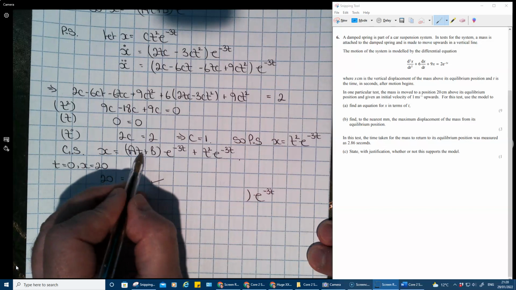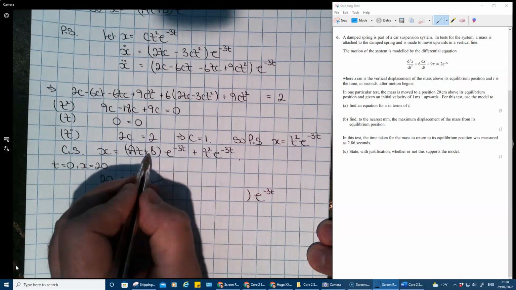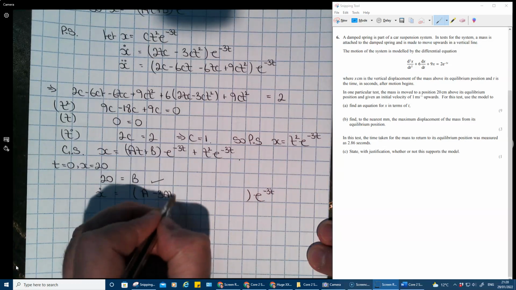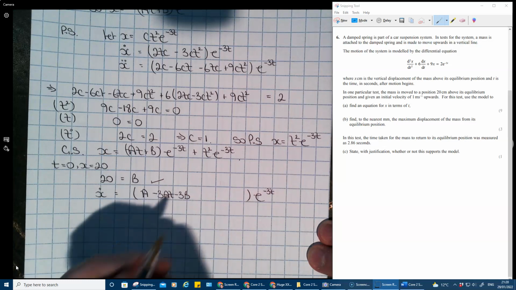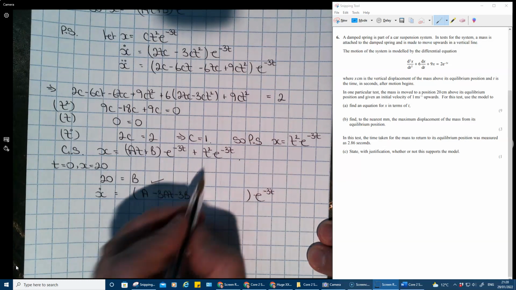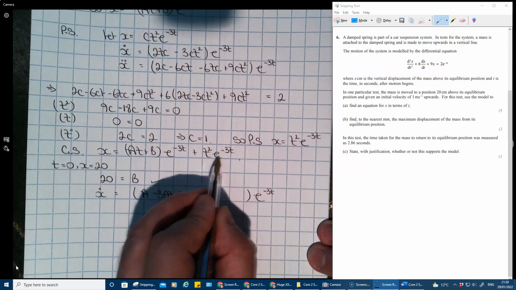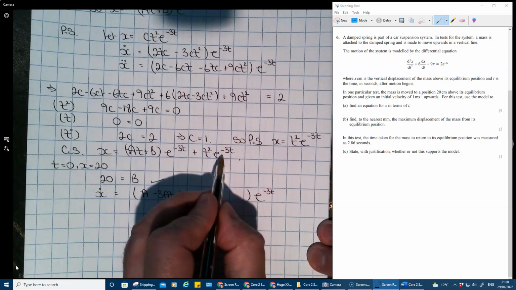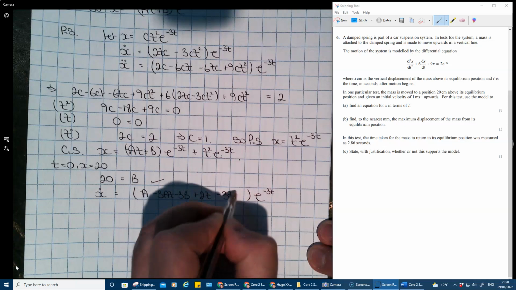So differential of this times this, which is just a, plus this times differential of this, which is minus 3at minus 3b, plus differential of this times this, which is plus 2t, plus the differential of this times this, which is minus 3t squared.